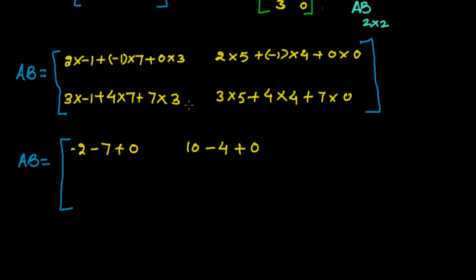Here also in this term you see 3 multiplied by minus 1, minus 3, 4 multiplied with 7, 28, and 7 multiplied with 3, 21. Here 3 multiplied with 5, 15, 4 multiplied with 4, it is 16, and 7 with 0 we will get 0. So we get this way. Further we simplify this.